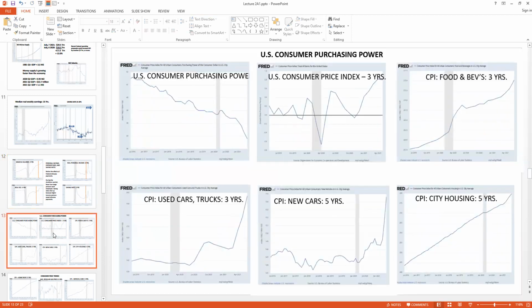Okay, so we'll talk now about the ability of people to buy the things they need, the so-called consumer purchasing power. And one of the things that you can see in the upper left-hand corner is that there's a long-term trend here that is just as important as the short-term trend, where consumers' purchasing power has been declining.